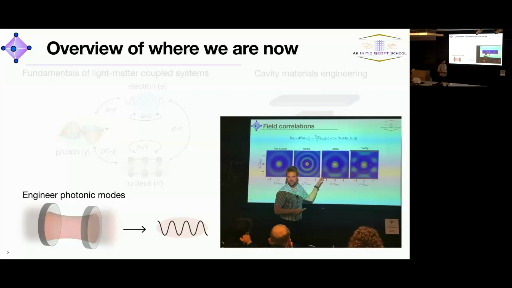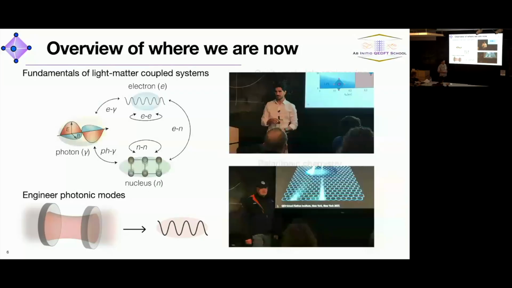And after that, yesterday, Simone and Professor Marso started to combine the materials and the photon, this cavity geometry, to figure out what physical phenomena you can see in this kind of cavity-material hybrid.